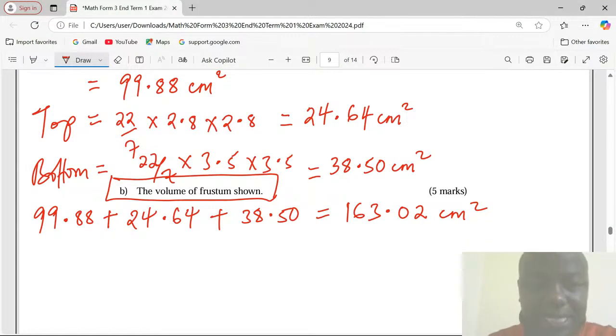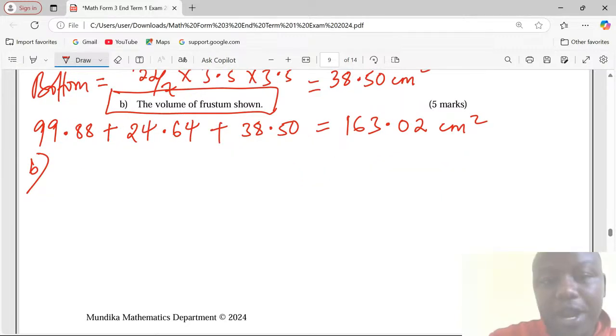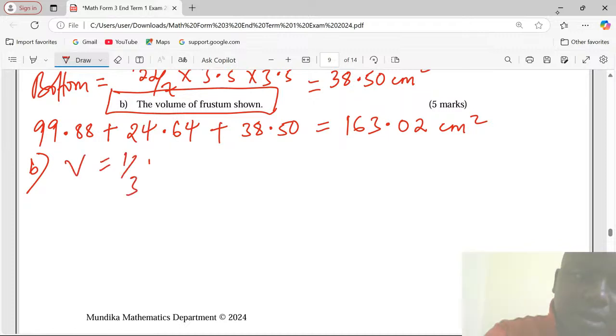Look at part B now, whereby we say that the volume of a cone is given by a third pi r squared h.